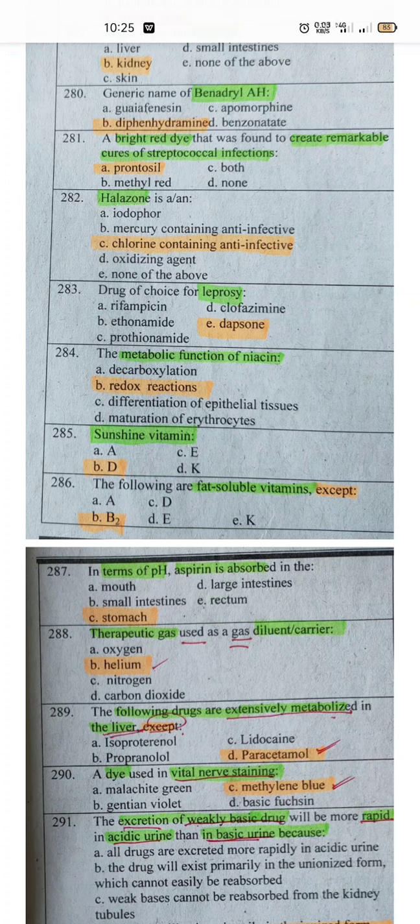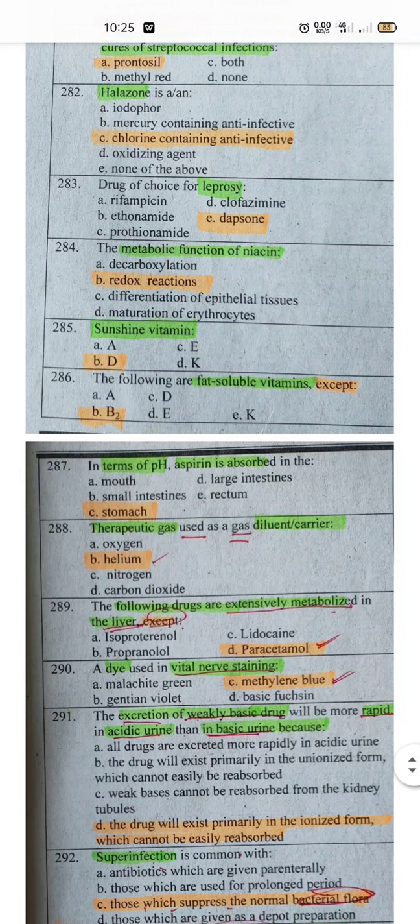Dapsone. 284, the metabolic function of niacin is reduction-oxidation reaction, or your redox. 285, the sunshine vitamin is your vitamin D because it is formed by the action of the sun's ultraviolet rays on precursor sterols in the skin.